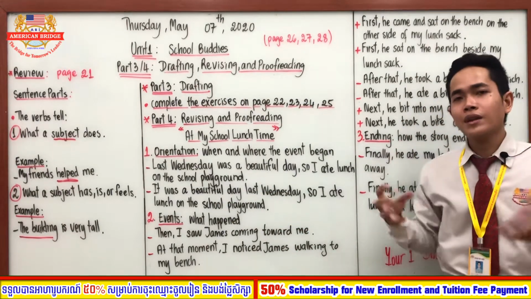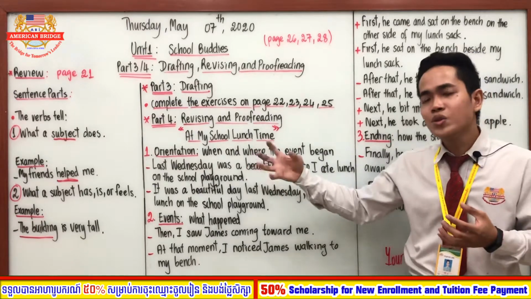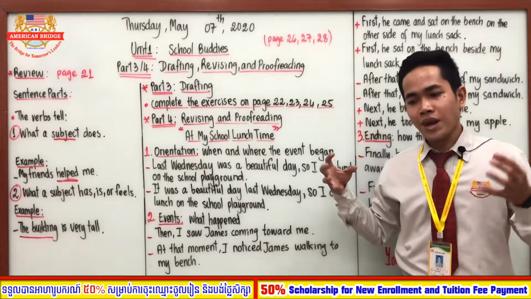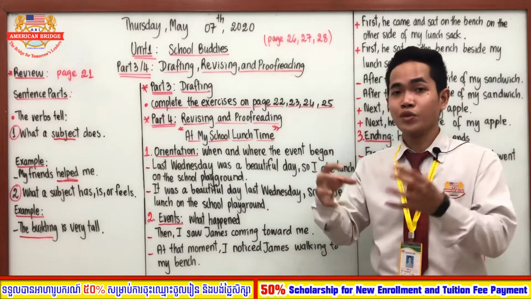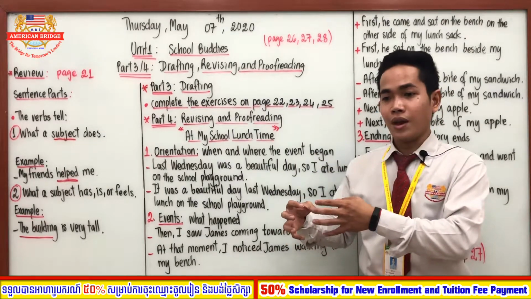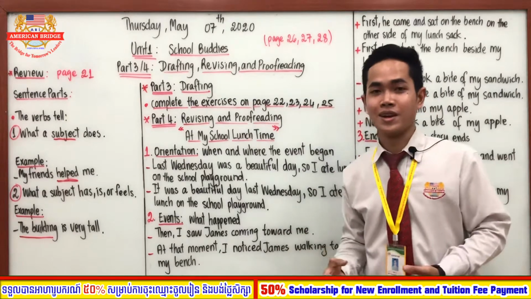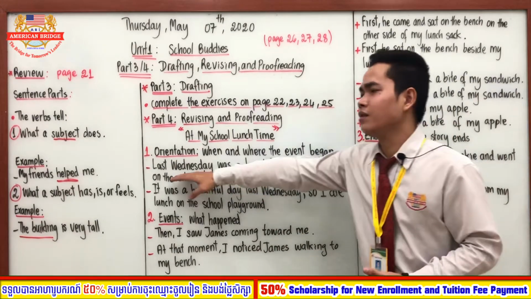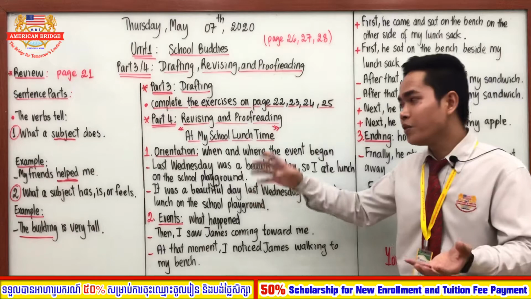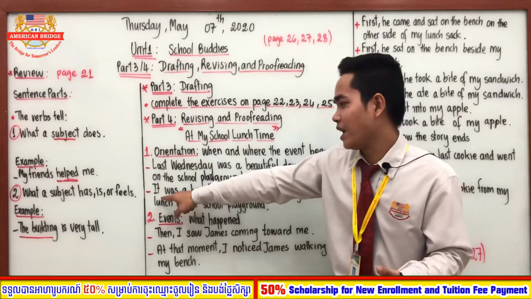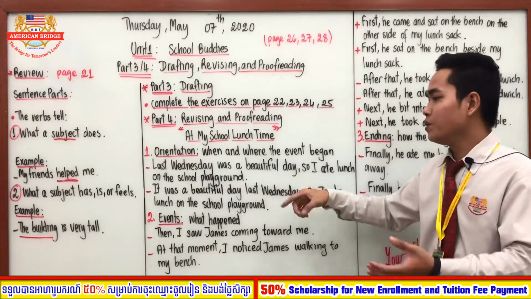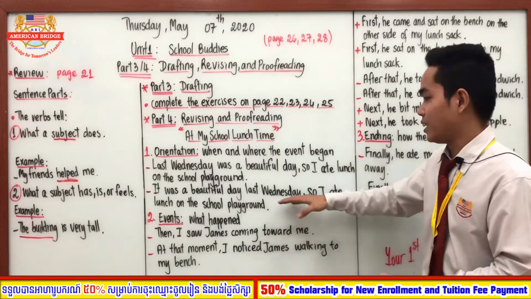After we read the two sentences, they have the same meaning, right? But we have different styles to write. If you want to write this style, of course you can write it. But if you want to write another style, you can write like this: it was a beautiful day last Wednesday.